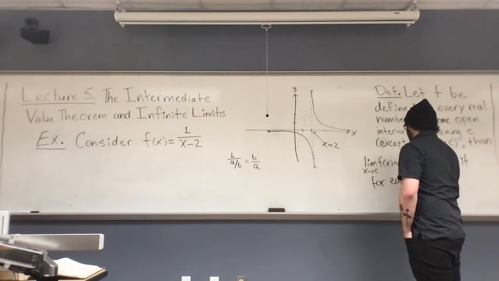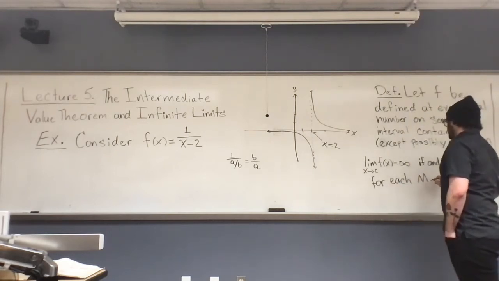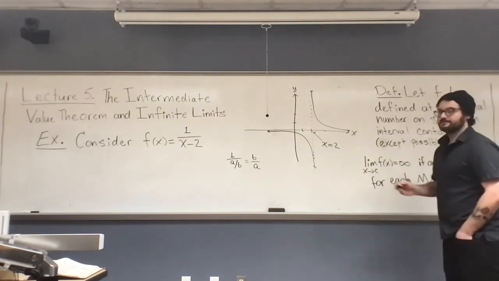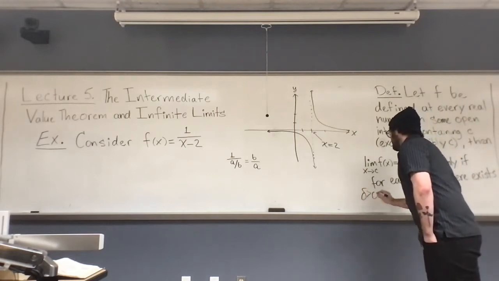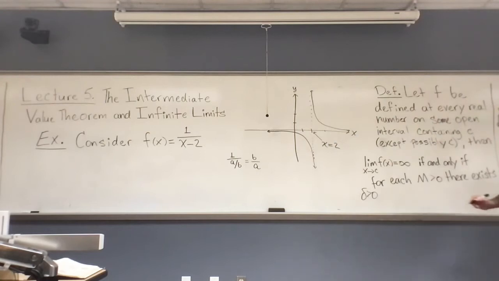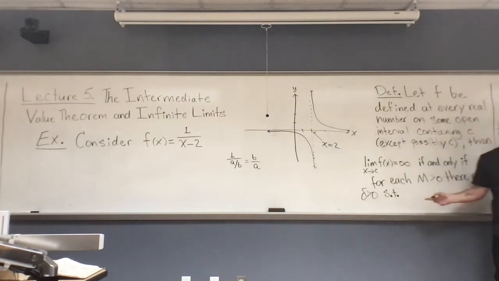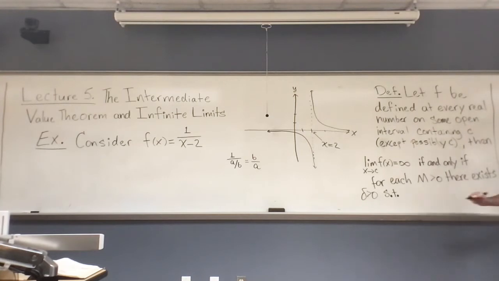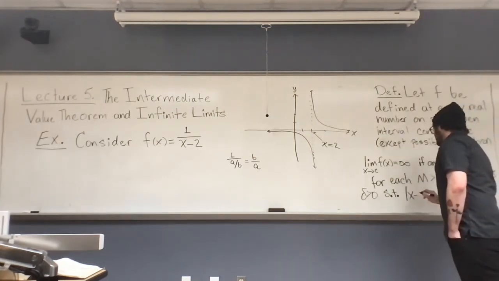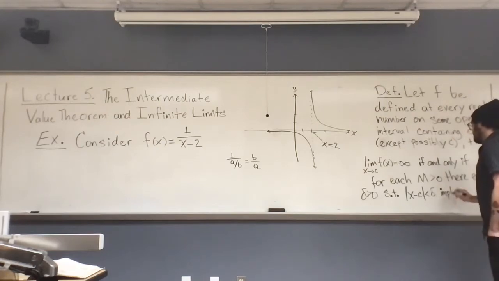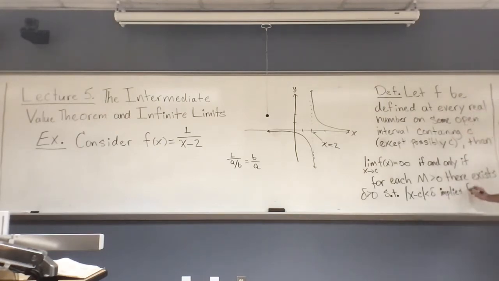for each positive number m, there exists a delta greater than 0, such that, I'm running out of room, if I had more room I'd write it out, such that absolute value of x minus c less than delta implies f of x is greater than m.